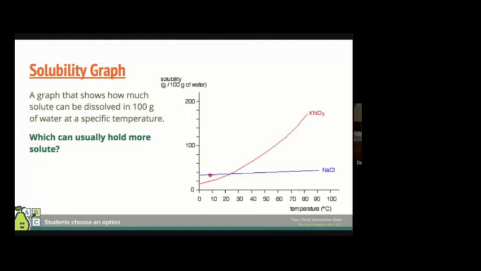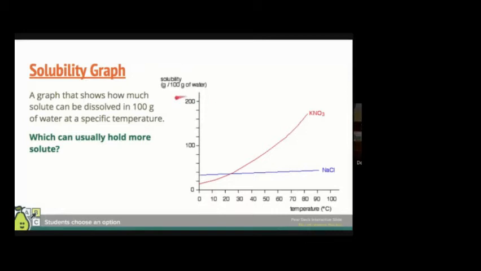Now salt, table salt, sodium chloride, you can't dissolve a lot more as it gets hotter and hotter. However, a substance like potassium nitrate, you can dissolve quite a bit more potassium nitrate in 100 grams of water as you heat the solution.